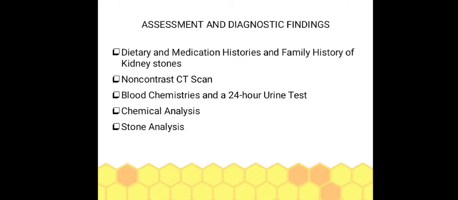Non-contrast CT scan, blood chemistries, and a 24-hour urine test for measurement of calcium, uric acid, creatinine, sodium, pH, and total volume. Chemical analysis is carried out to determine their composition. Lastly, stone analysis can provide a clear indication of the underlying disorder.